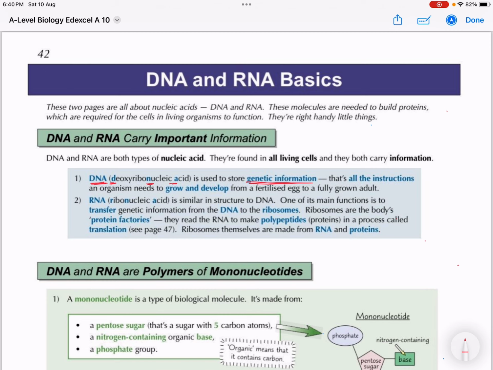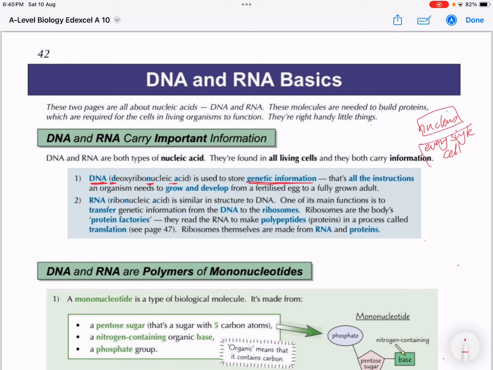This is really, I would call it, a magic secret part of life. This genetic material, guys, surprisingly is found inside the nucleus of every single cell.